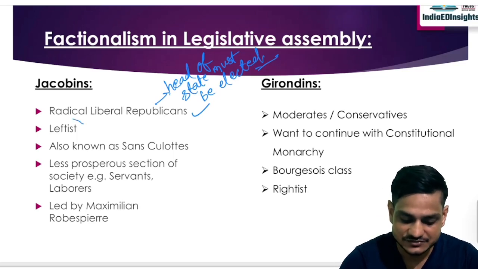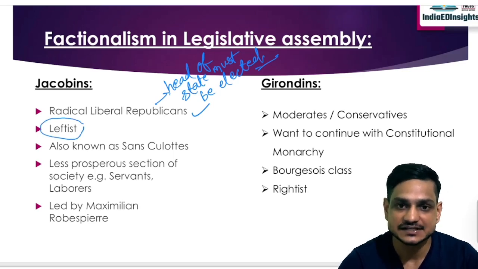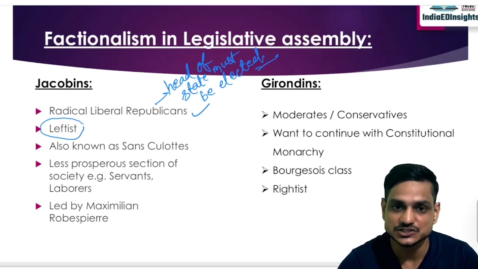They sat on the left side of the assembly. That's why they are known as the leftists. So the idea of leftist and rightist came from here itself, from the French Revolution.